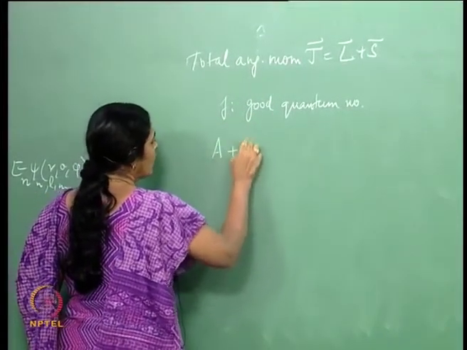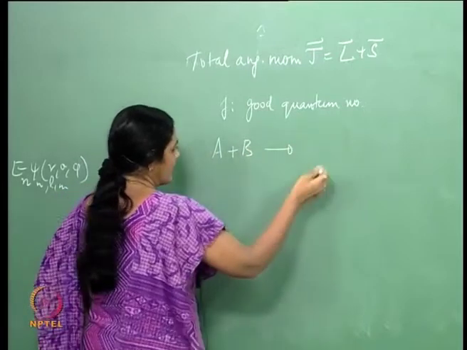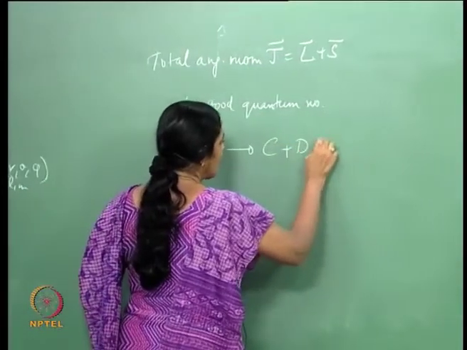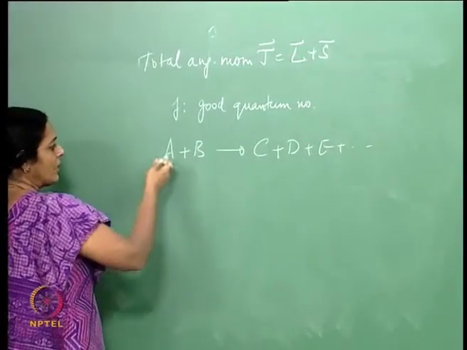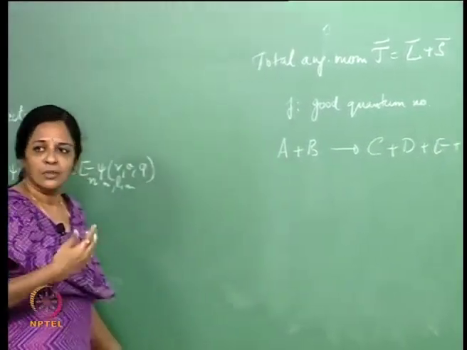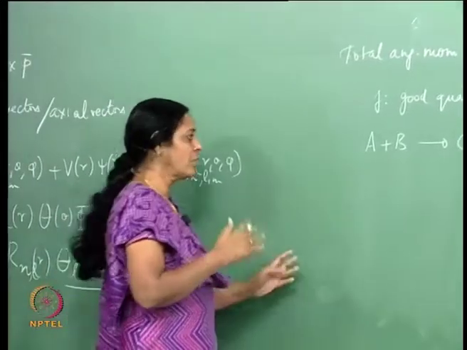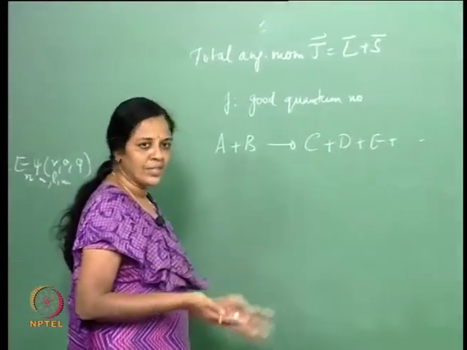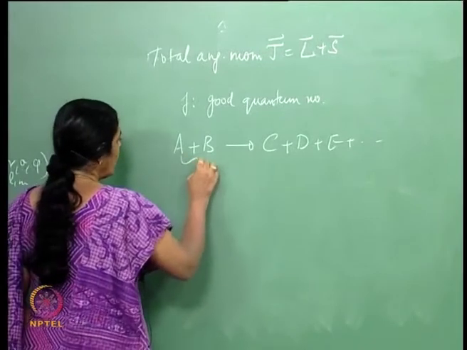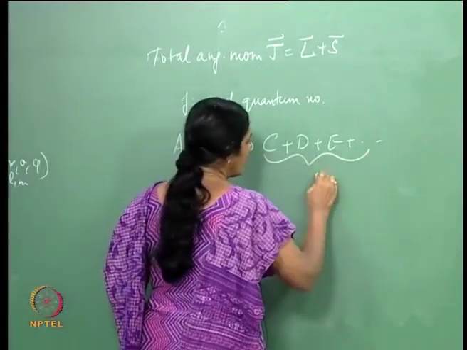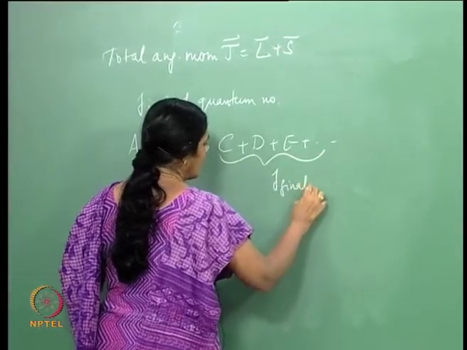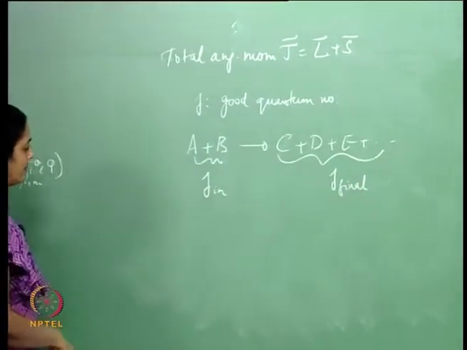Suppose I have two particles interacting with each other to produce a final state of particles. Could be electrons interacting with protons, protons interacting with neutrons, pions interacting with sigma, anything. The total angular momentum here, which I will call J initial, should be conserved. In other words, it should be equal to J final.